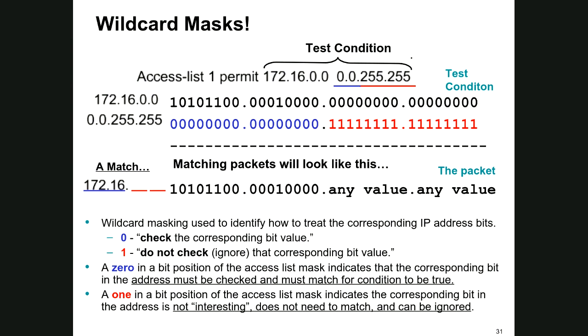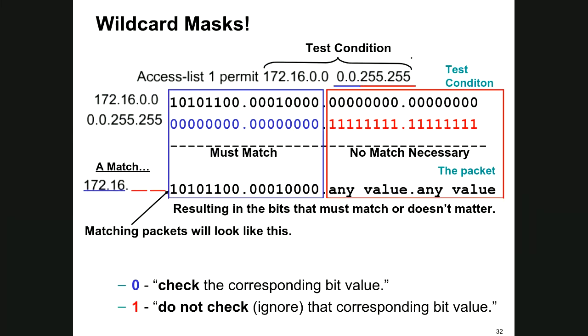I don't care what your last two octets are. So long as your network prefix is 172.16, you match. The zeros mean check: that binary pattern, 172.16, must be exactly that pattern.